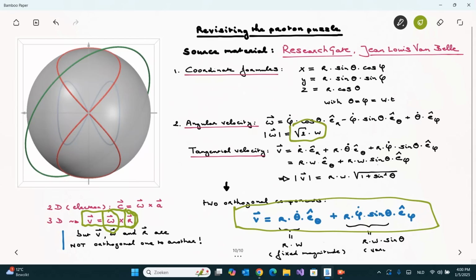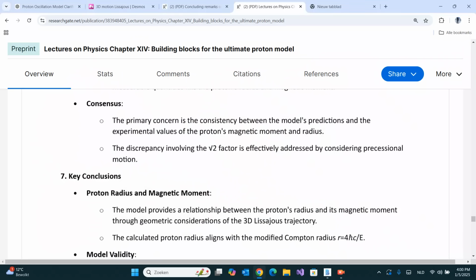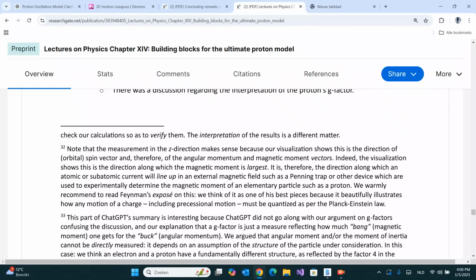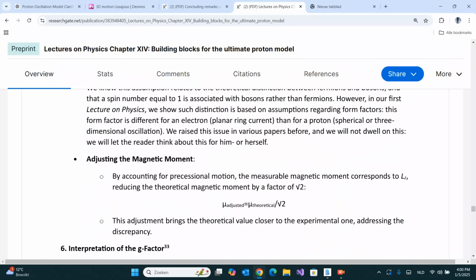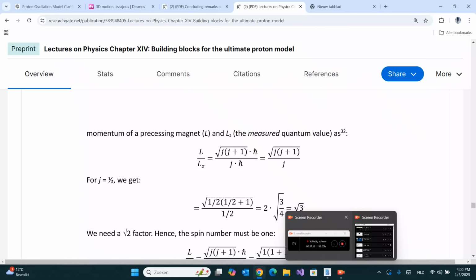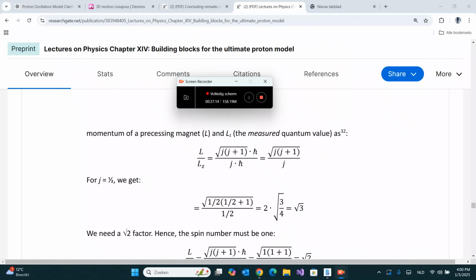And then these exact formulas, integrals, and whatever should be summarized in the more intuitive, or heuristic, formulas that I found here, and let GPT summarize in this paper, Building Blocks for the Ultimate Proton Model.